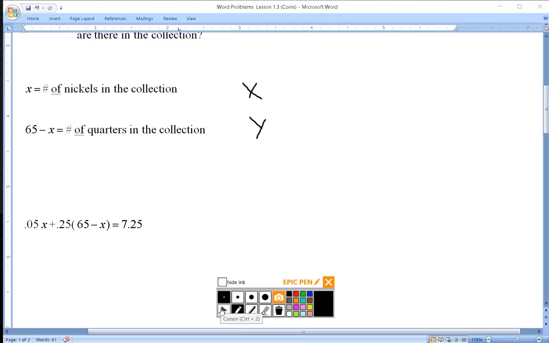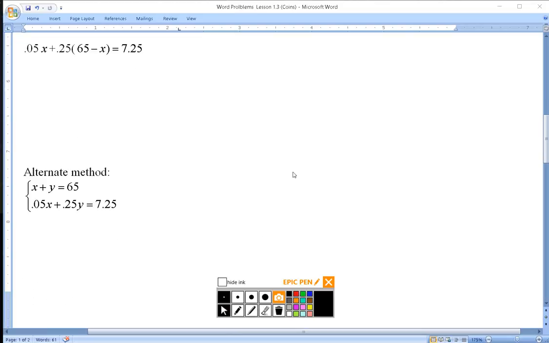Here's the way I would set it up. x is the number of nickels, y is the number of quarters, the total number of coins is 65, so x plus y is equal to 65. And then the second equation, similar to what I did with the one variable: number of nickels times the value of each nickel, 0.05, plus the number of quarters times the value of each quarter, 0.25, gives me the value of the collection, 7.25.